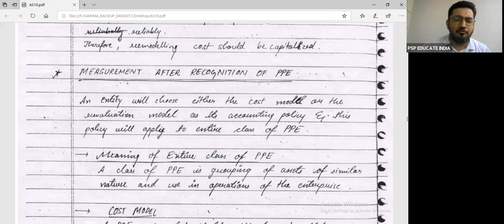Now, what is the meaning of entire class of property, plant and equipment? Say, for example, PSP has one classroom at Alkapuri. It has another classroom at Subhanpura. Both are technically classrooms, both are used for the same purpose.